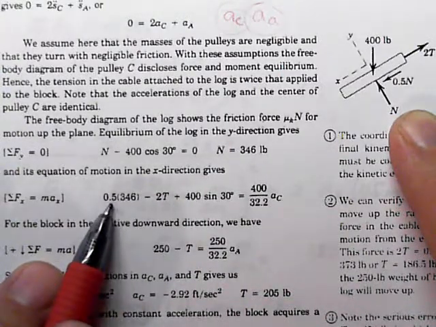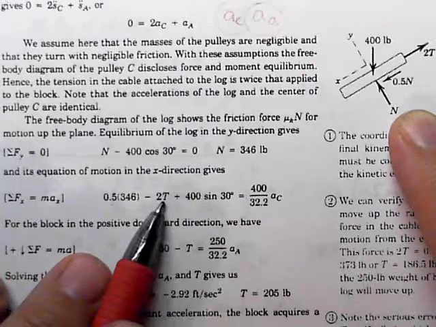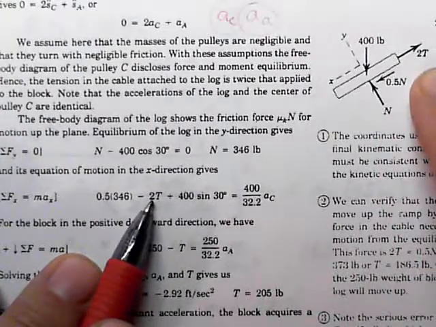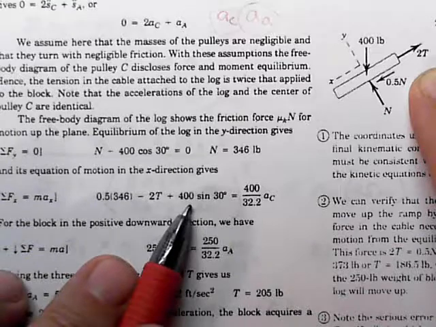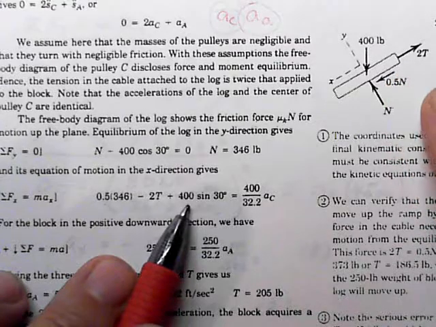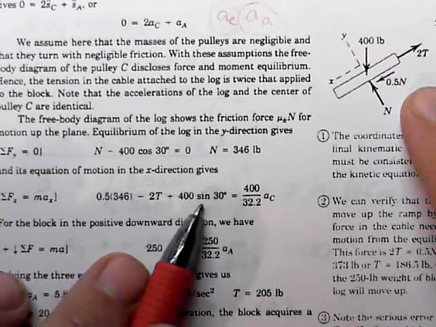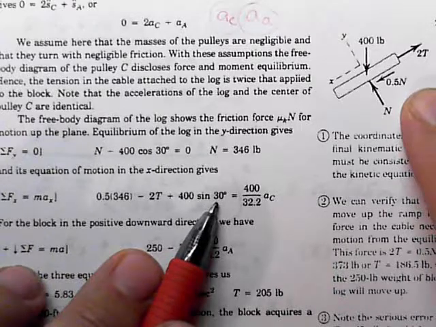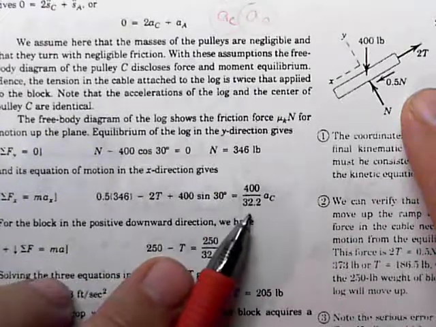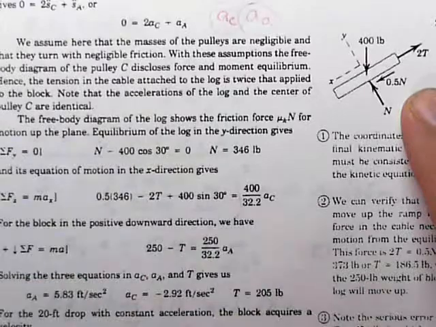We have the normal force times coefficient of friction in the positive x direction. We have 2T in the negative x direction from our free body diagram. We have the downhill component of the gravity term, 400 times the sine of 30 degrees, is equal to mass, 400 over 32.2, times the acceleration.